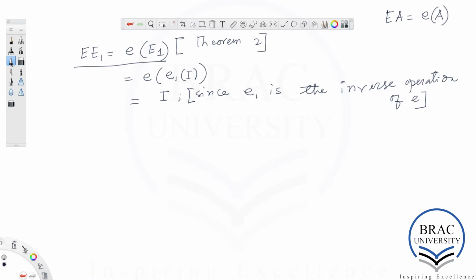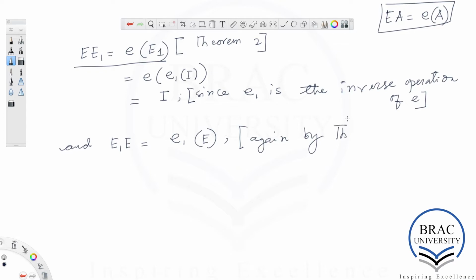And E sub 1 times E is equal to E1 of E, again by theorem 2. And this is equal to E1 of E of I, since E of I is equal to E, right?